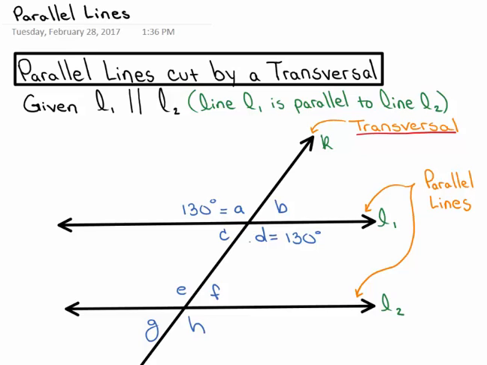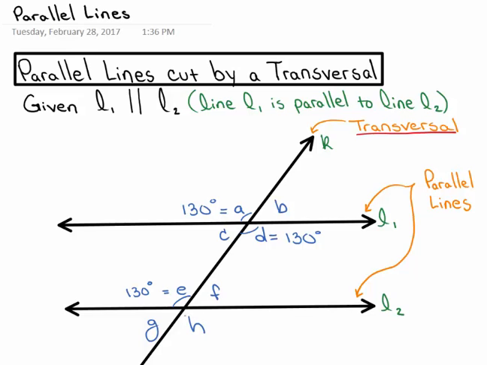Alright, since D is equal to 130 degrees, then that means E is equal to 130 degrees, because angle D and angle E are alternate interior angles. Or we could say angle E and angle A are corresponding angles.